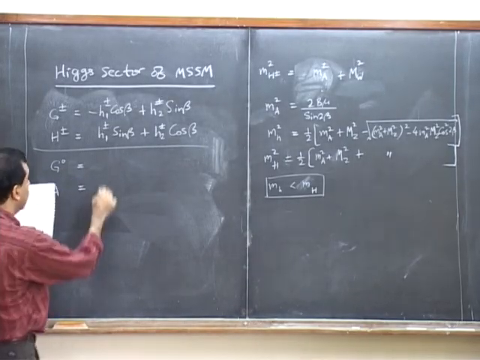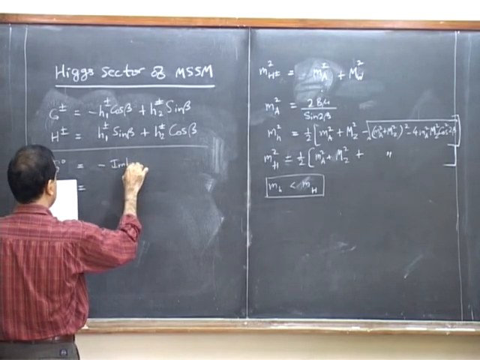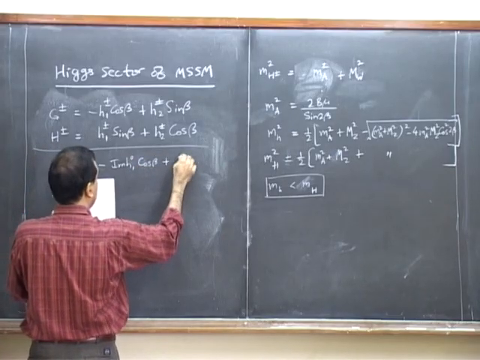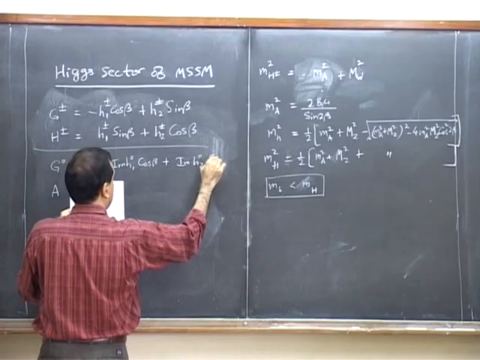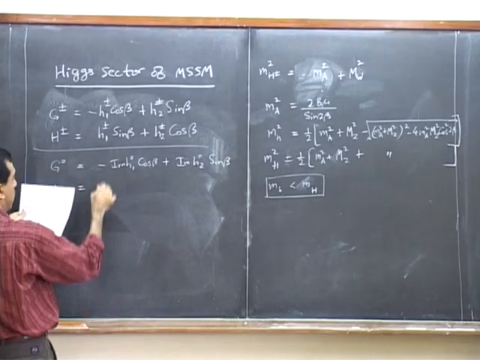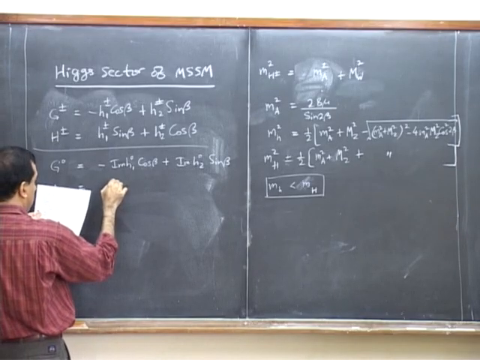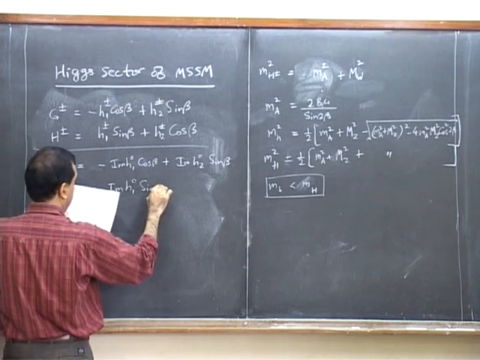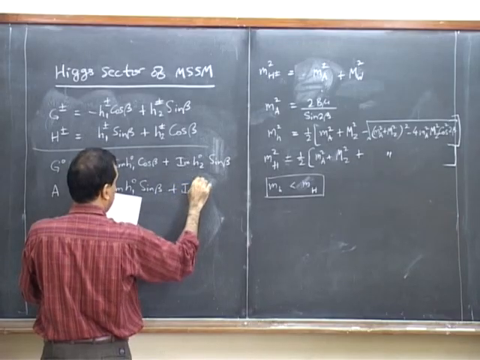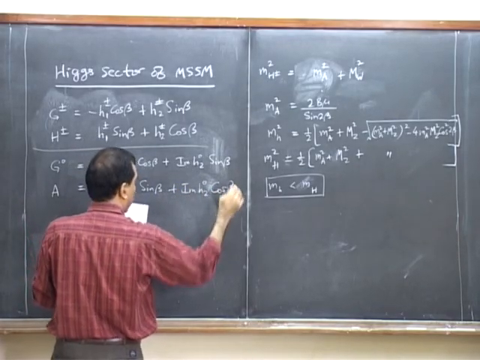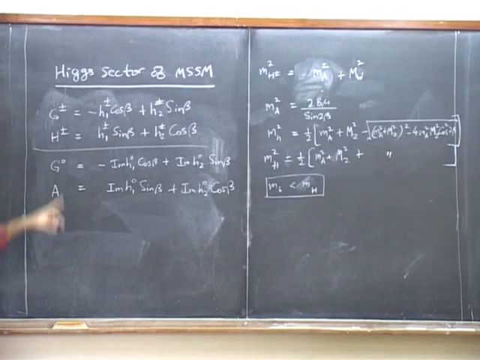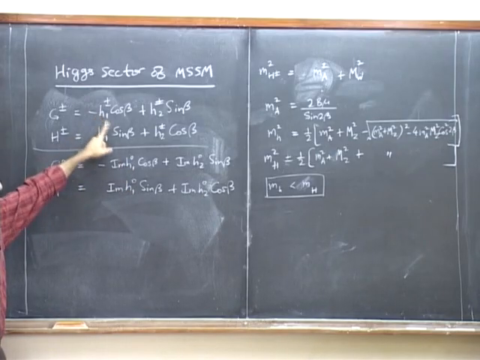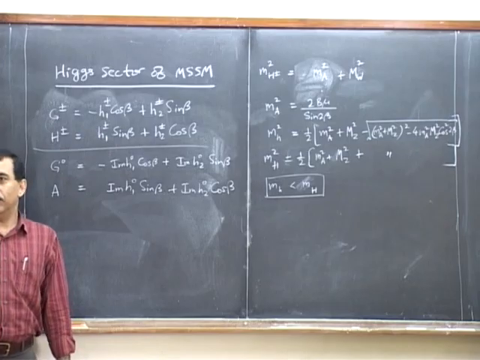So this actually is minus i m H1 0 cos beta plus i m H2 0 sin beta. This is essentially the same equation as above. This is i m H1 0 sin beta. So again we see that if beta was 0, then the neutral Goldstone would be the imaginary part of H1, and in fact therefore 3 of H1's components would be Goldstones.